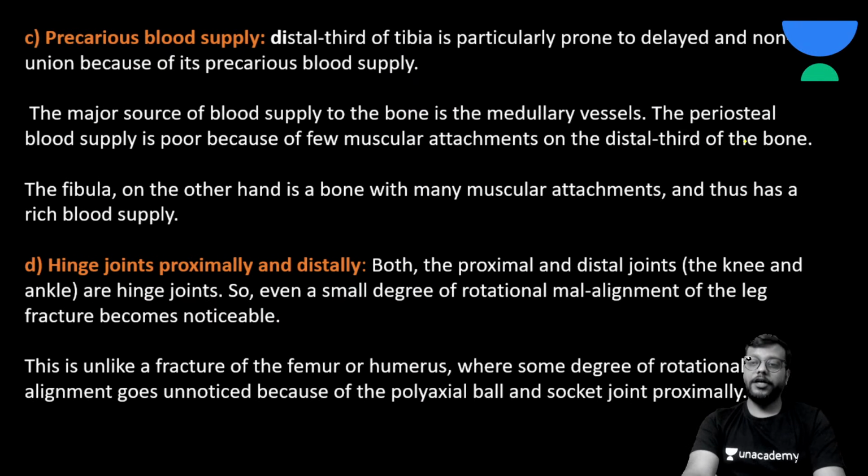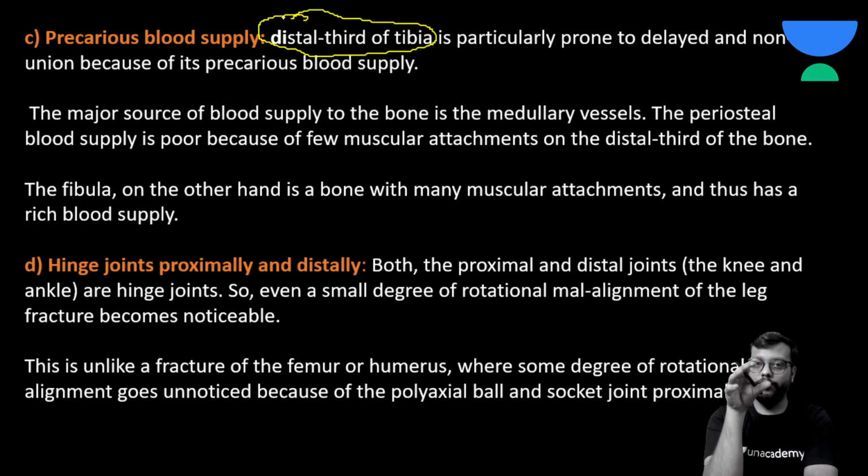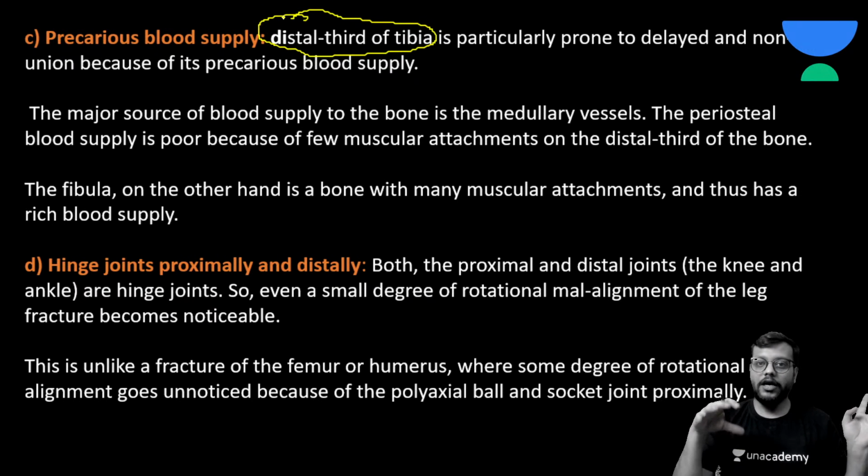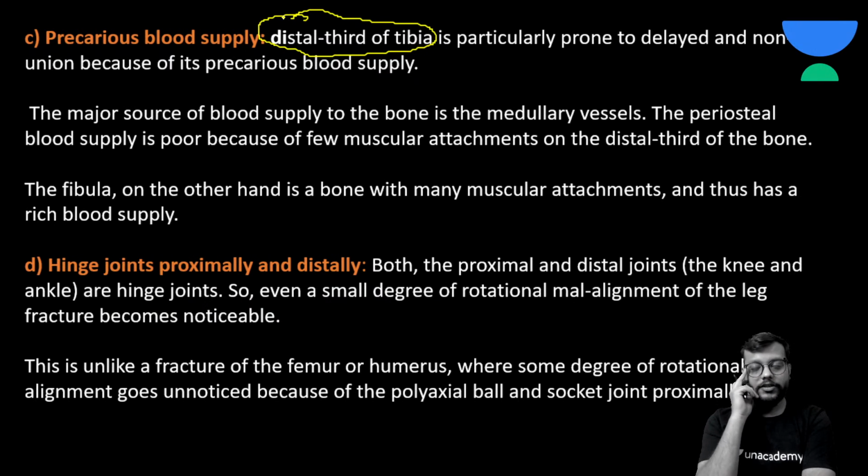Now there is a precarious blood supply, especially in the distal one third of the tibia. Distally, all the muscles convert into tendons for their insertion. So the distal tibia has a precarious blood supply, there is very little blood supply there, only basically periosteal and medullary blood supply.